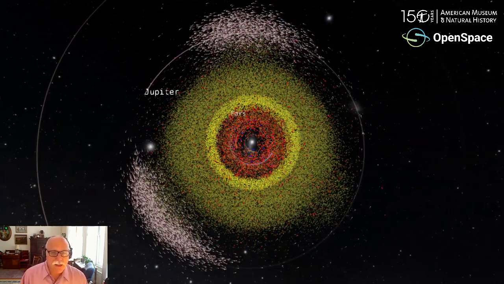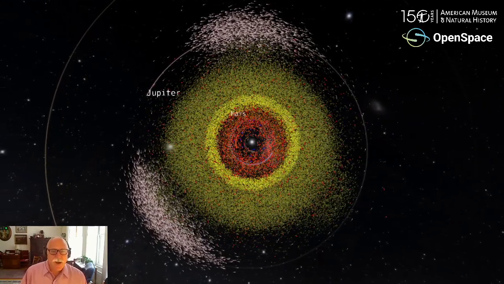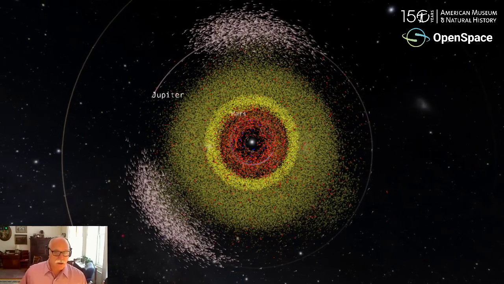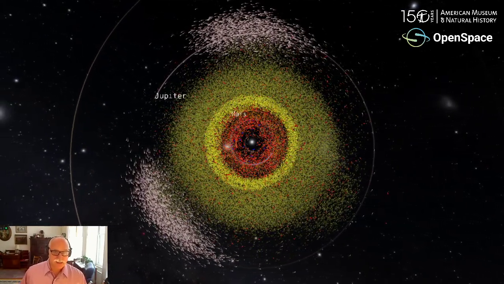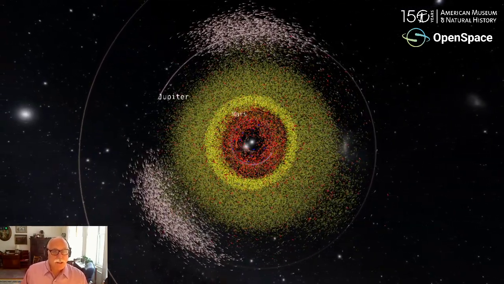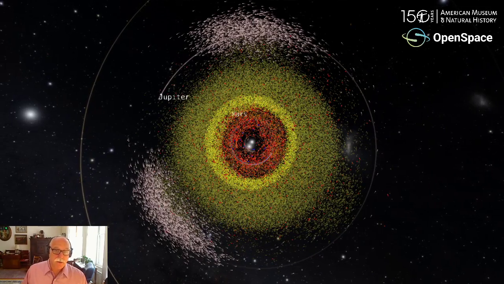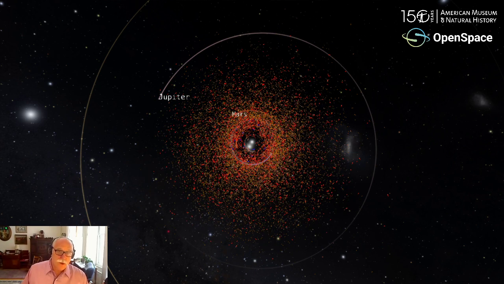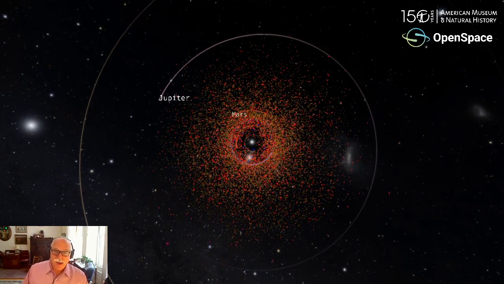So if we look at those asteroids, which are now shown in red, the near-Earth asteroids or potentially hazardous asteroids, we see that there's a lot of stuff out there in the solar system, and we haven't even shown you the comets, which are a different matter, and we haven't even shown what's going on near the Earth.